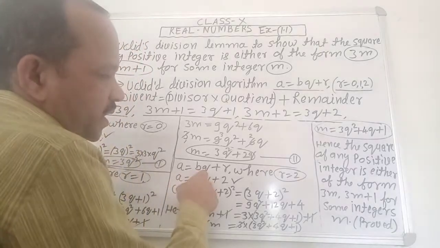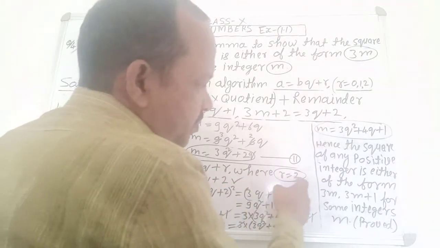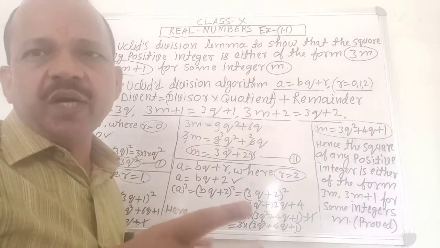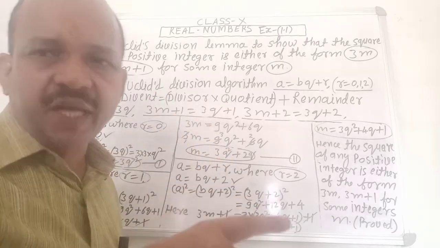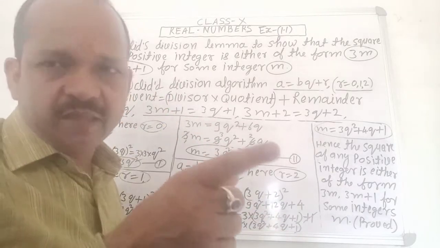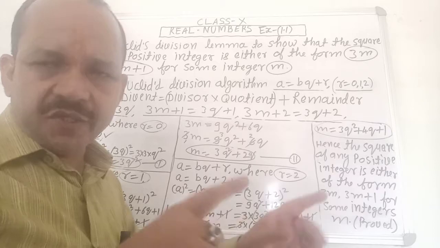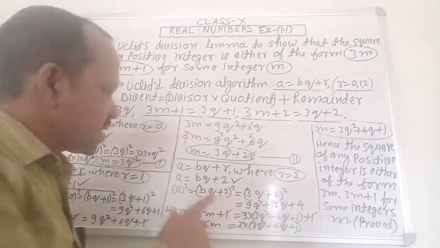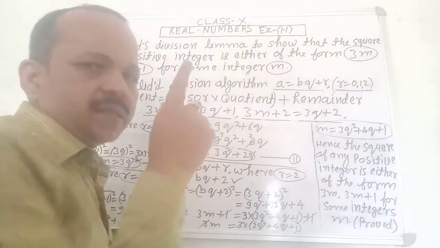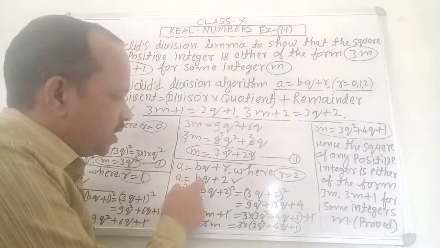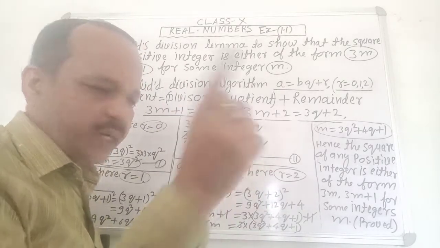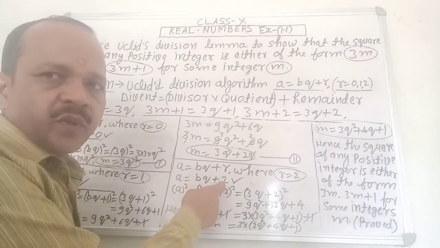A equals bq plus r, where r equals 2. Here you put the value of r equal to 2 in the equation a equals bq plus r in Euclid's division lemma. A equals bq plus 2.